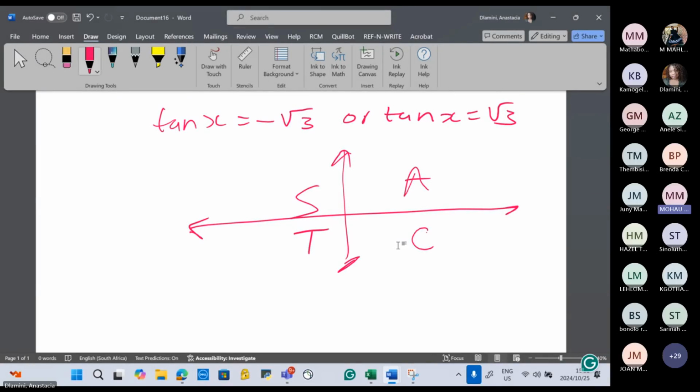Therefore x equals 4 pi over 3 plus pi k, where k is an element of the integers.